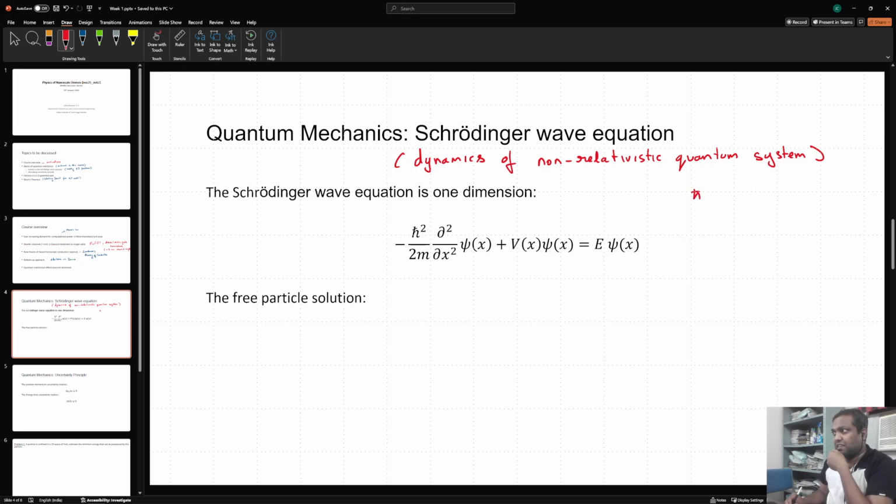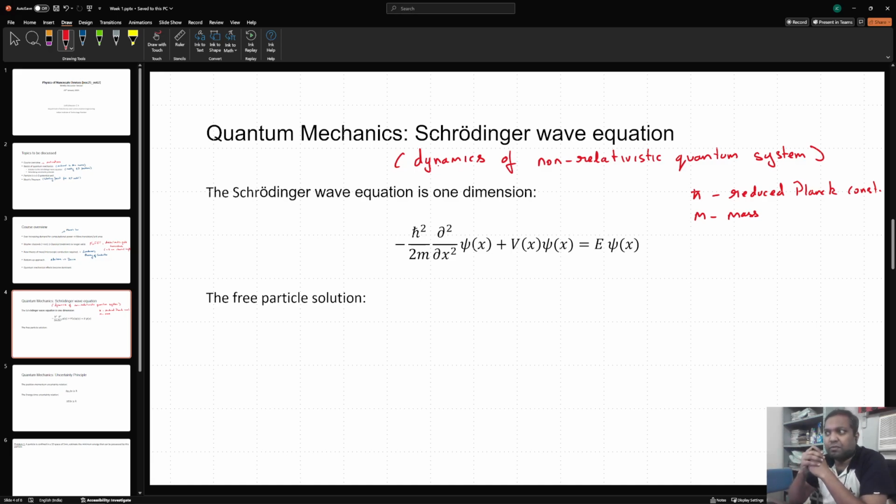I will write that here just for reference. And m is the mass of the particle. So this is the Schrödinger wave equation for a single particle.